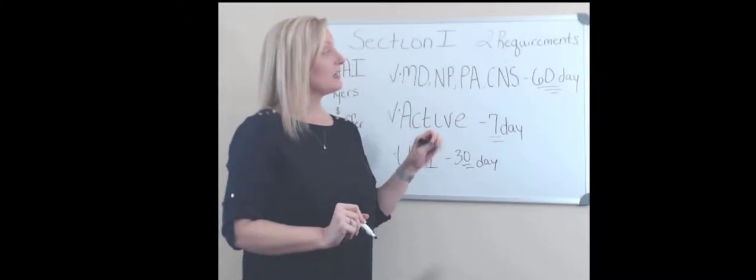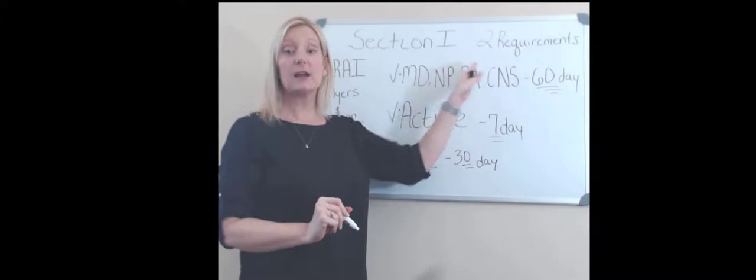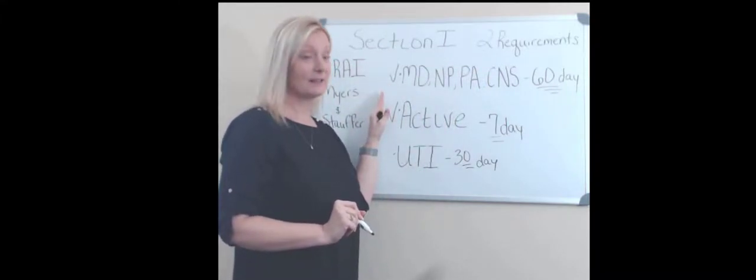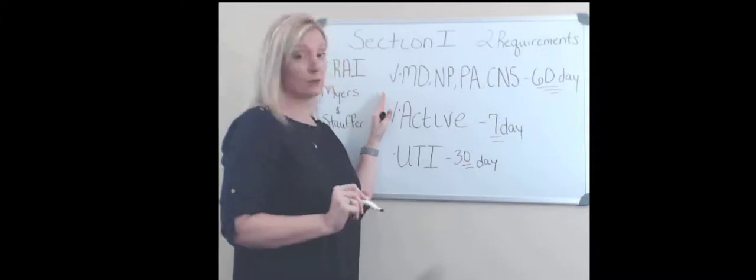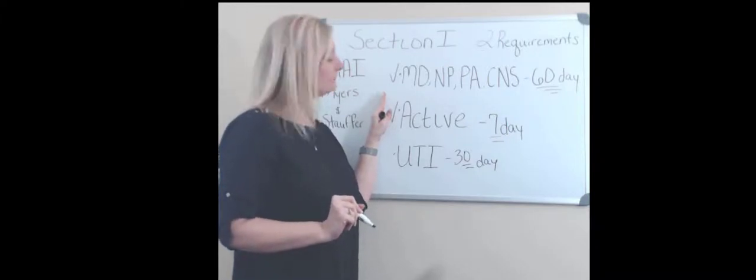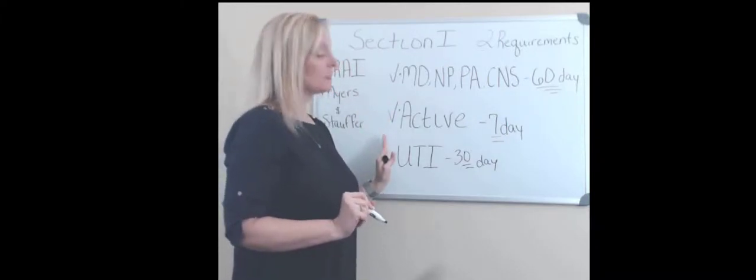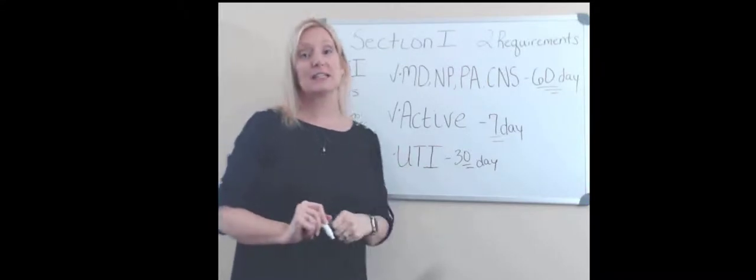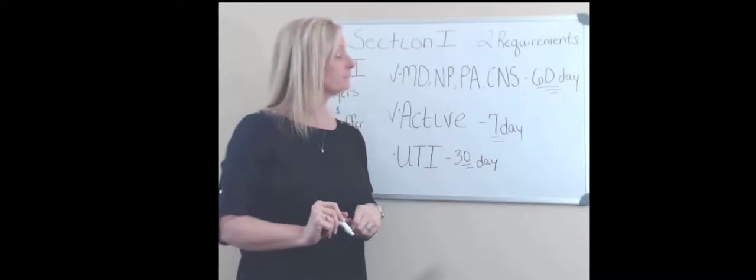So you always have to make sure you meet both requirements, the MD signature and active treatment during that time frame, before you code Section I. There's one exception, and that's a urinary tract infection. It has a 30-day look-back period.